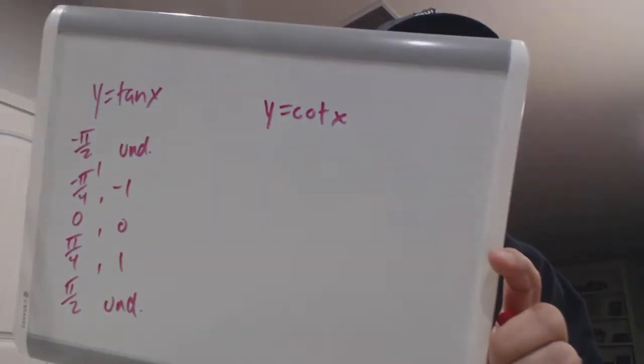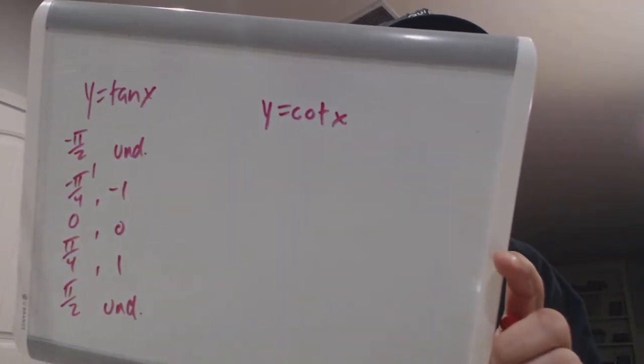When we graph y equals cotangent x, I'm going to go from 0 to pi by the same intervals of pi over 4. Watch what I'm going to do. I'm going to go 0, pi over 4, pi over 2, 2 pi over 4, pi.